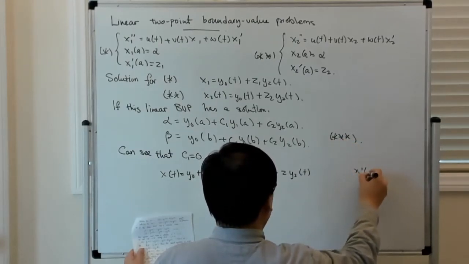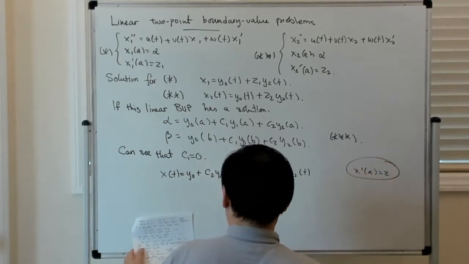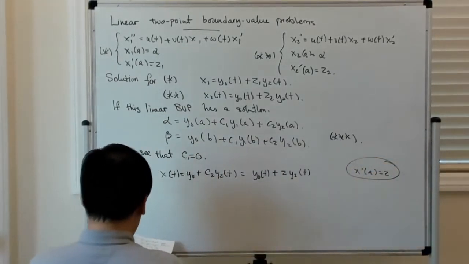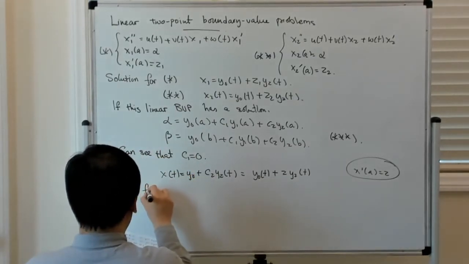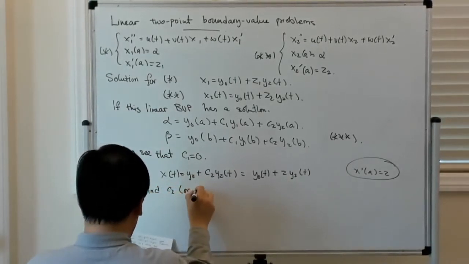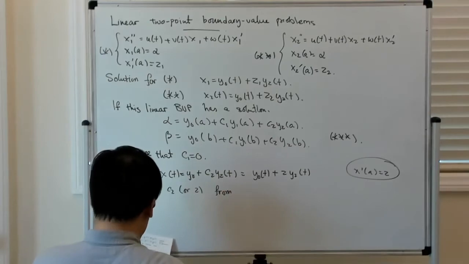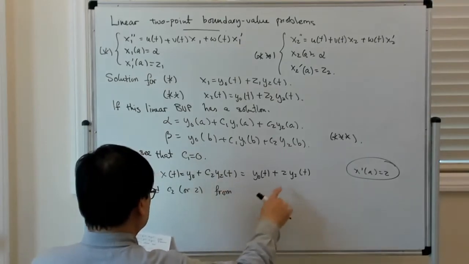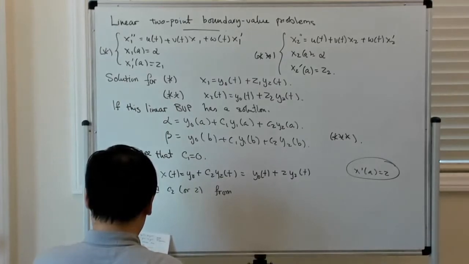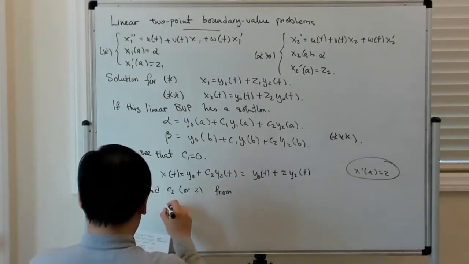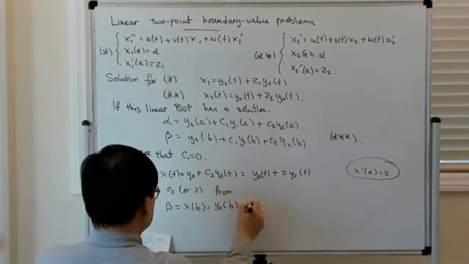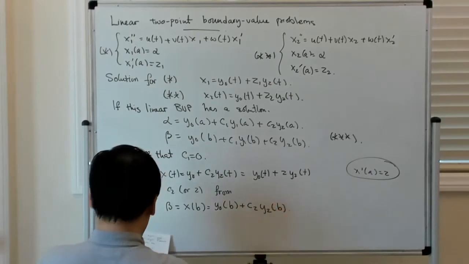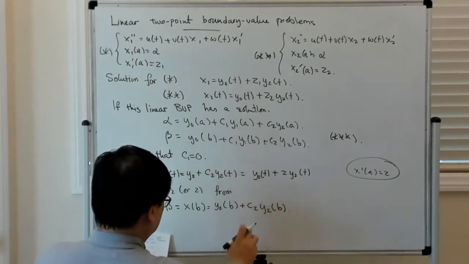So this x prime of a is equal to z. So you can find c2 or z from this equation, from the condition that beta is equal to x at b, which is equal to y0 at b plus c2 y2 at b.